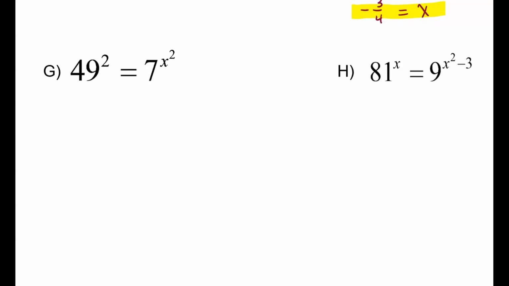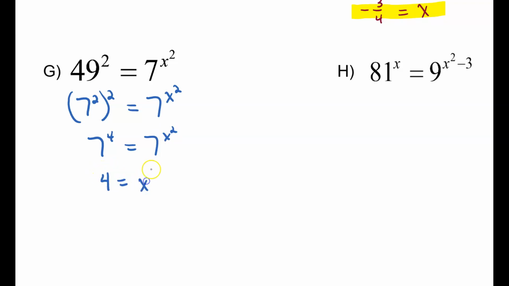I need a same base, so I'm going to restate my 49 as a 7 squared, and that 7 squared is being squared. Power to power rule says 7 to the 4th is equal to 7 to the x squared. Now my bases are exactly the same, so I can set my exponents equal to each other. 4 is equal to x squared, which means what is x going to equal?